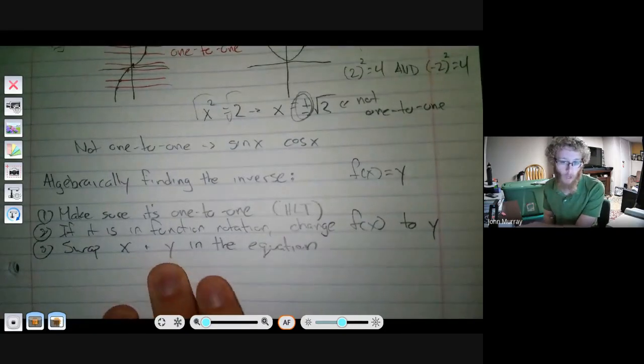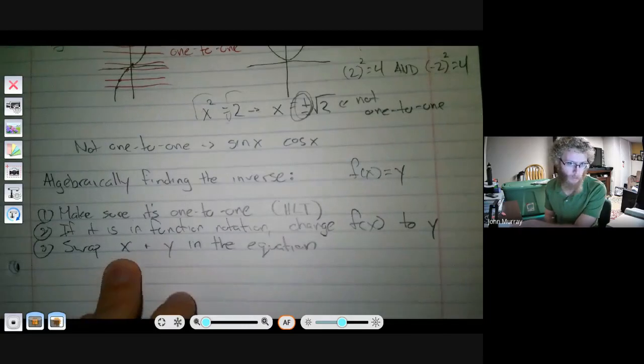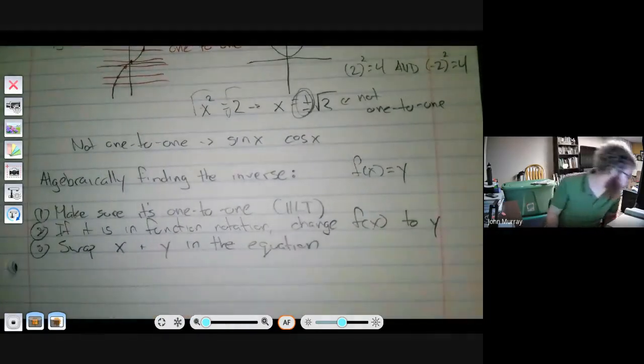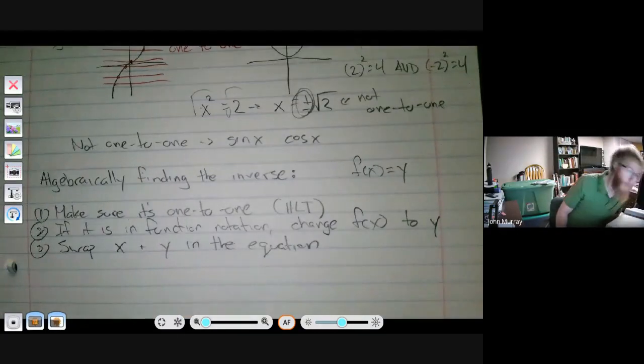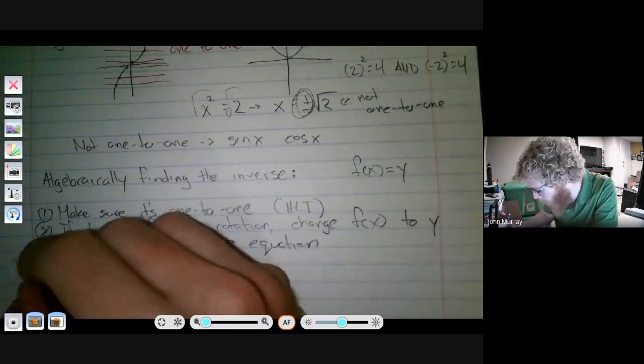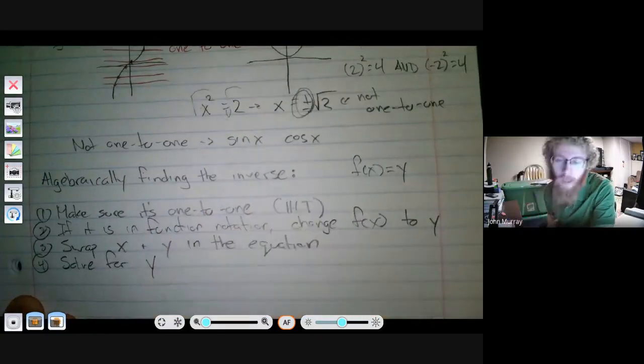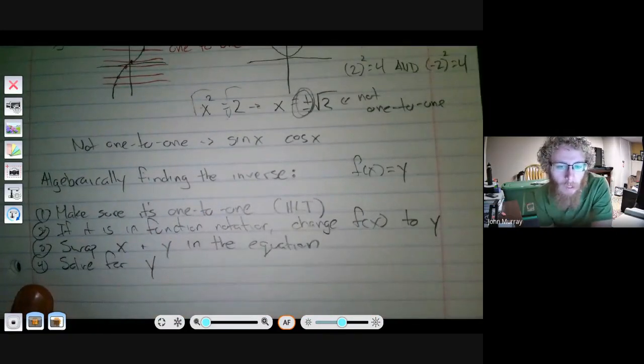And anywhere we see a y, we're going to do the opposite and replace it with the x. Okay, so this is our first big part. Then, after we do that, we're going to isolate the y. We're going to solve for y.